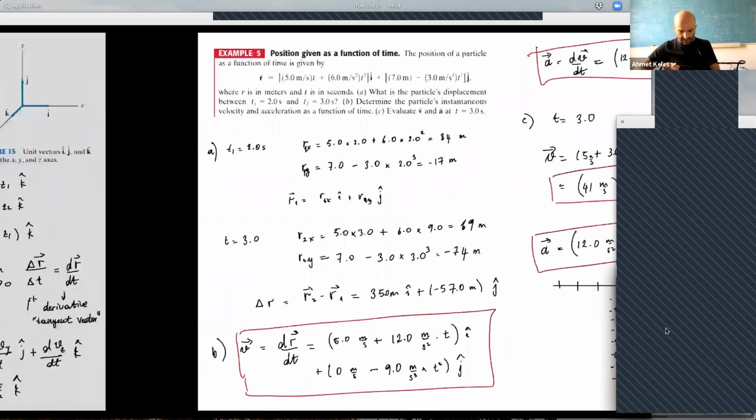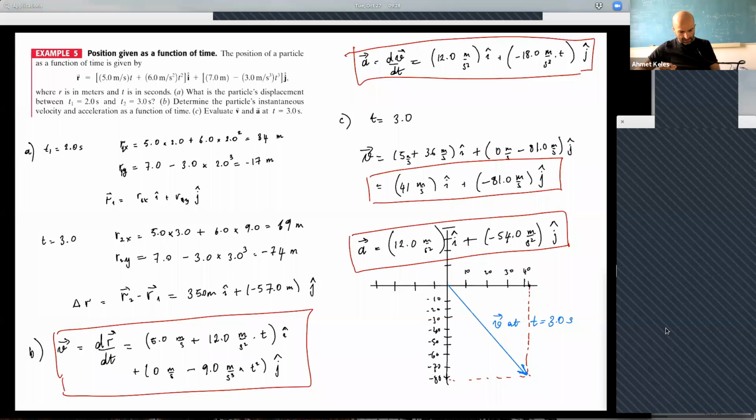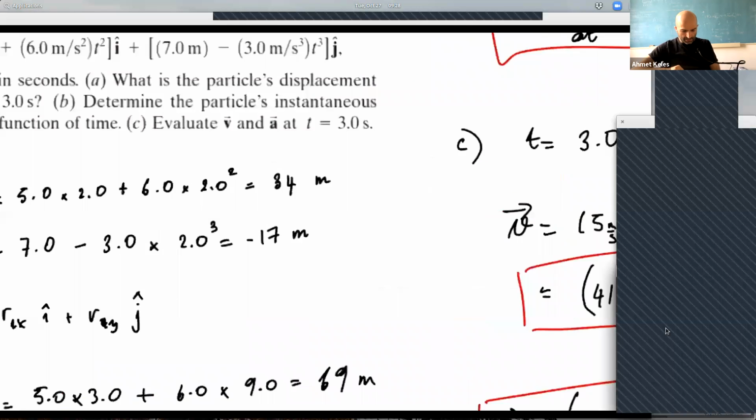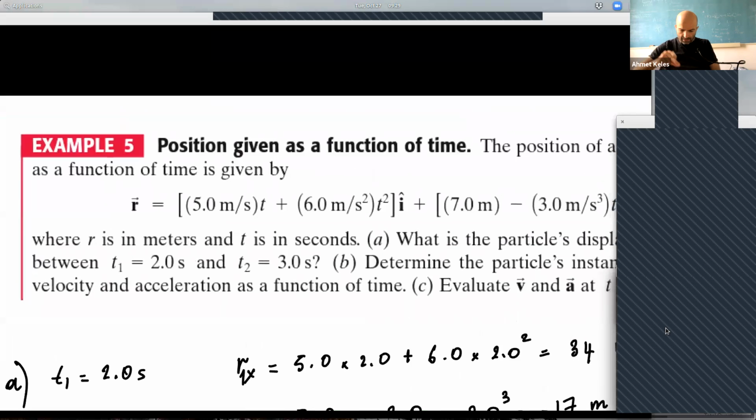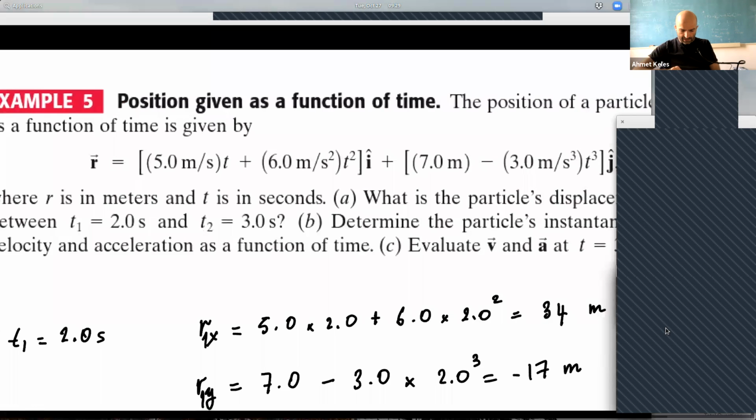So here's an example. Maybe I can zoom to the problem, because I feel like you guys already know this.